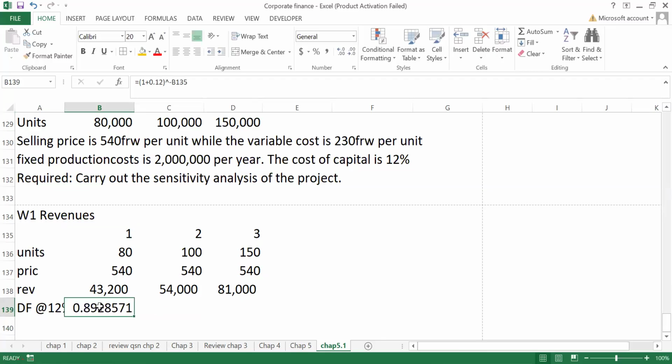I want to get it such that it doesn't take me time, because in sensitivity, we need the present value of each variable.